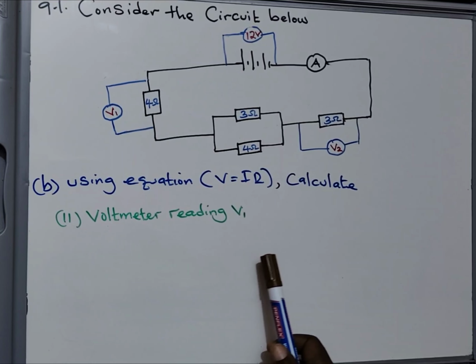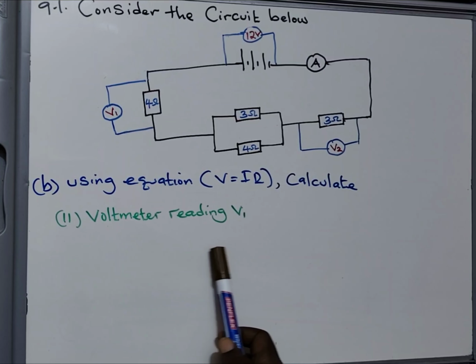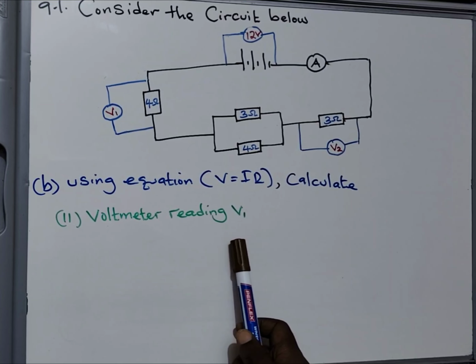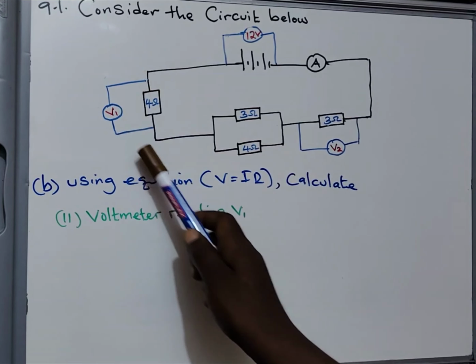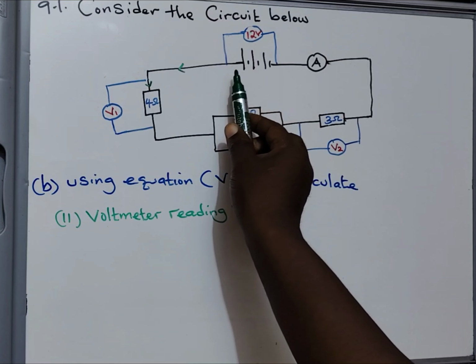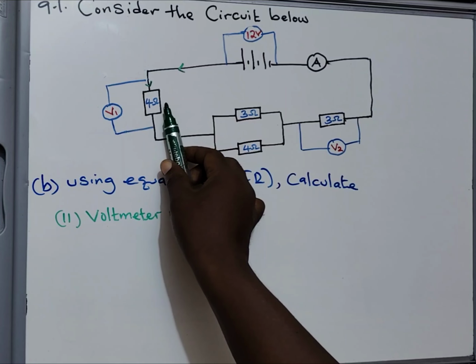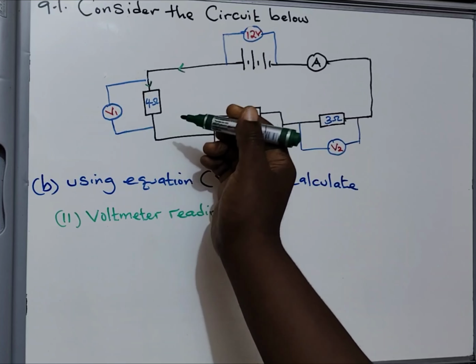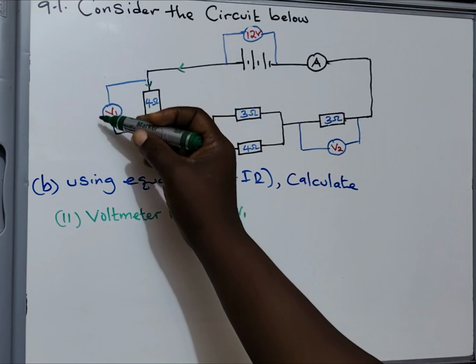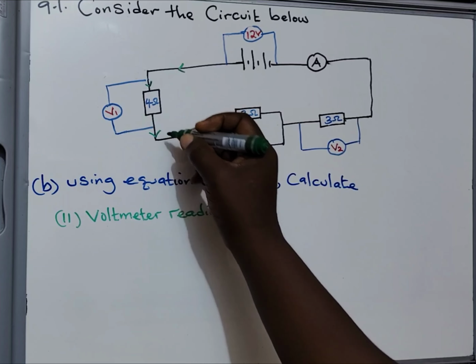So comes this question saying calculate voltmeter reading V1. So this happens to be our V1. And I need to tell you that what we observe here is that current passes through our 4 ohm resistor. We have to remember that no current passes through the voltmeter. So it comes down like that.